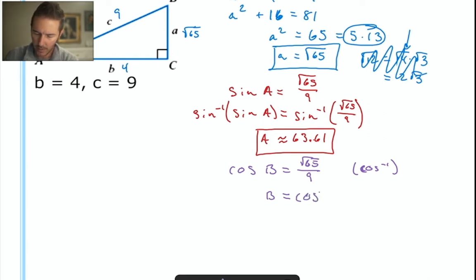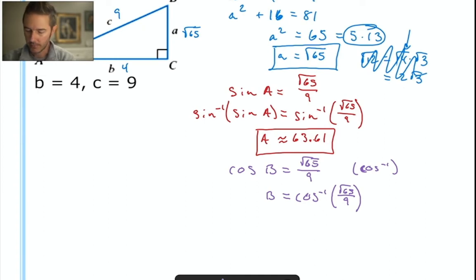On the right-hand side, I do still need to take the inverse cosine of the square root of 65 divided by 9. Now I'm going into my calculator, clearing first. I'm in degree mode still, yep. I'll type in 65 and then square root divided by 9 equals. I sounded very robotic there.